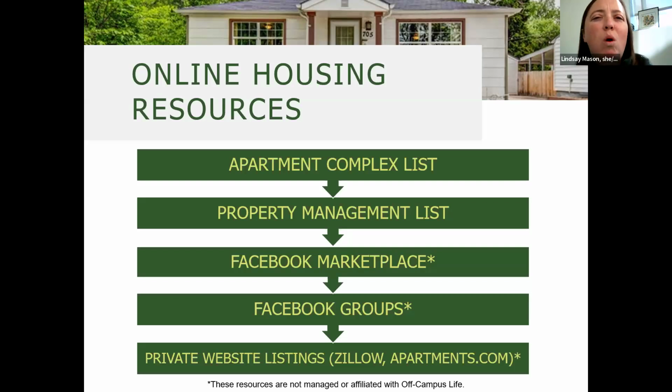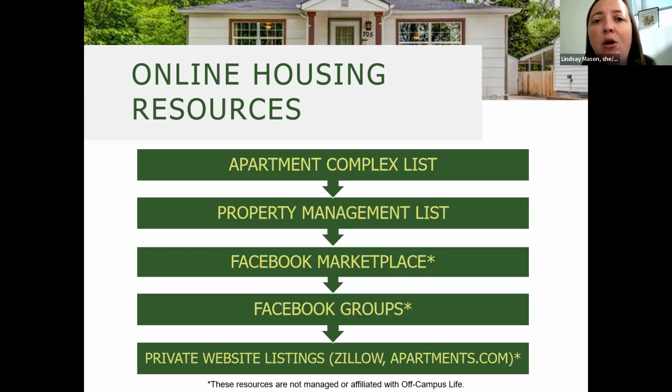It will also give you the rough cost of rent per bedroom. I say rough because there are apartment complexes that change their prices by the day. And so we can't keep up with all of those price changes, but we do update this list once or twice a year. So it gives you a rough ballpark of where those rental prices are.